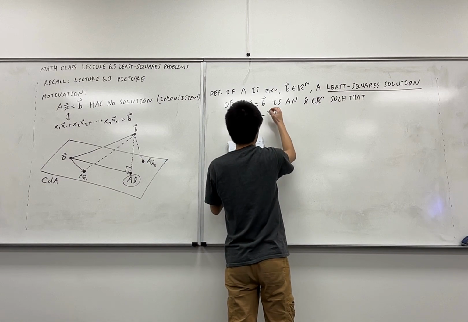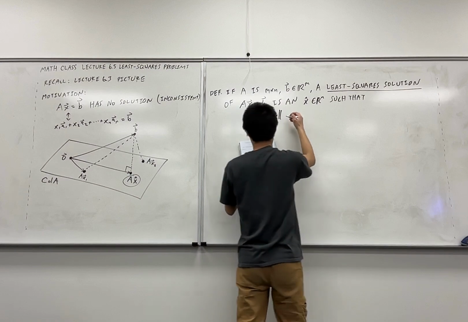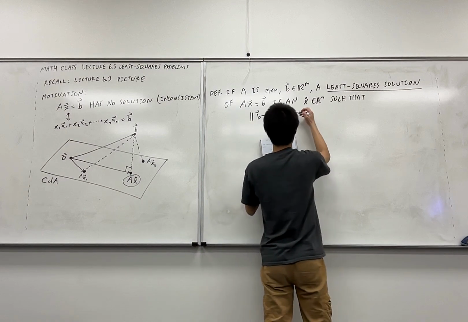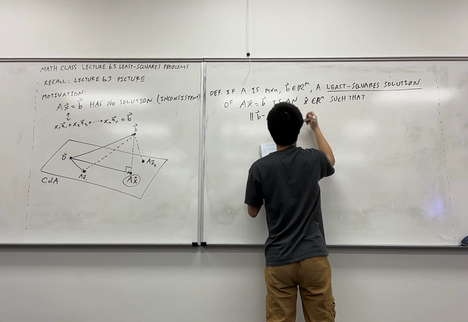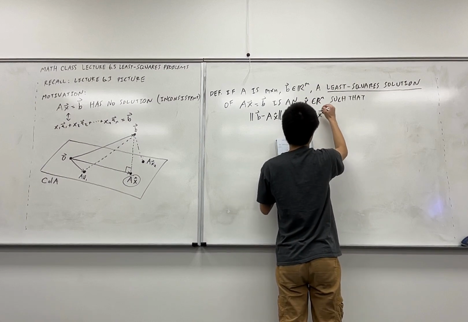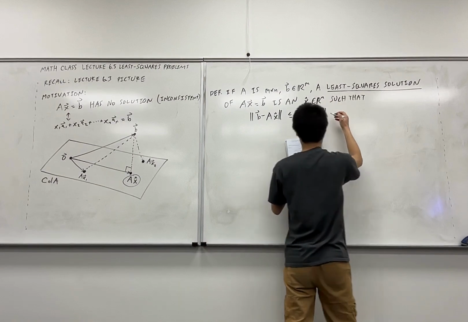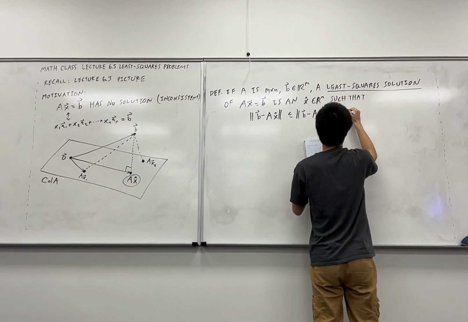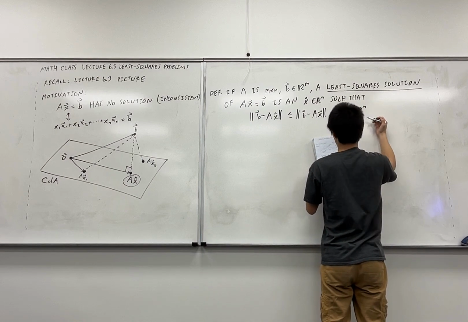The distance between the vector B and AX hat is less than or equal to the distance between the vector B and some other vector AX for all of those possible x values in Rn.